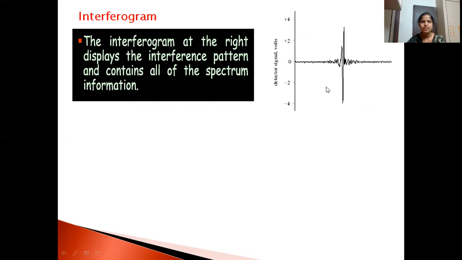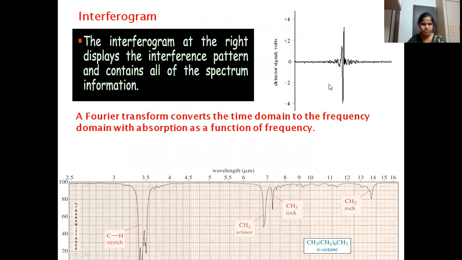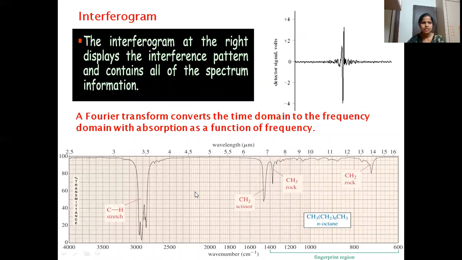So the spectrum we actually get will be in this form. But in FTIR, this spectrum is converted into a function of frequency. FT stands for Fourier transform.